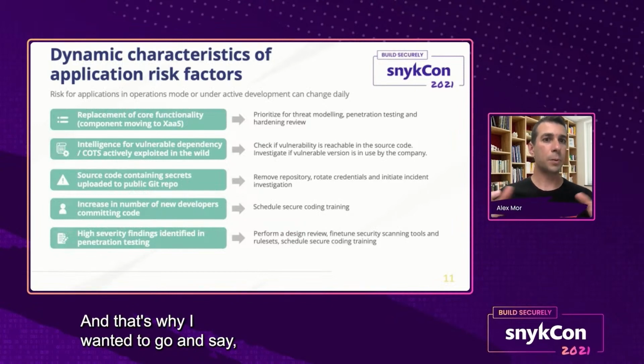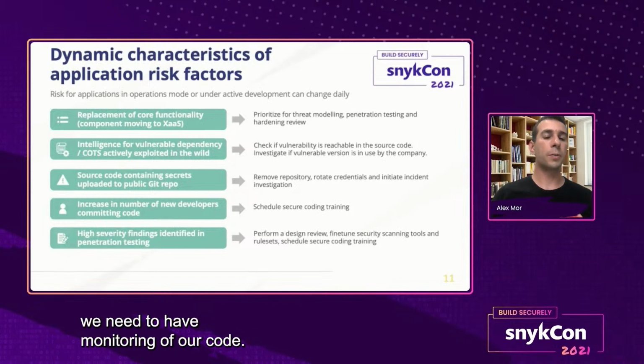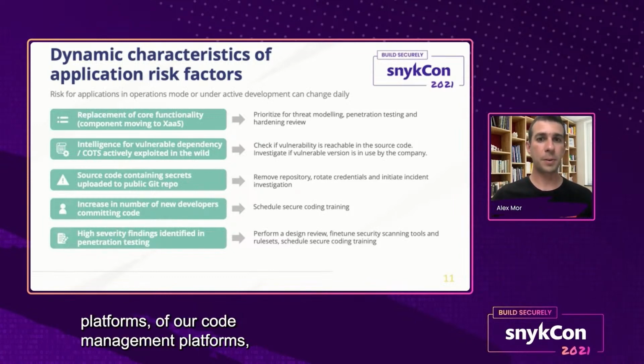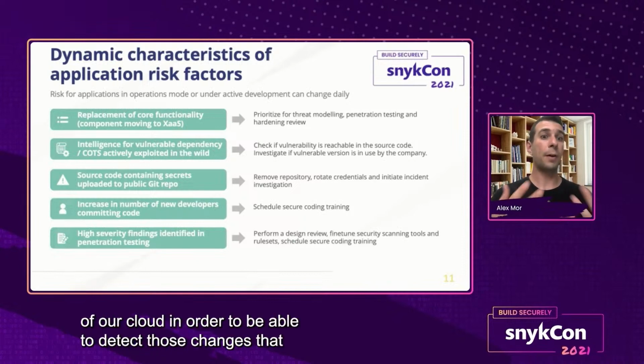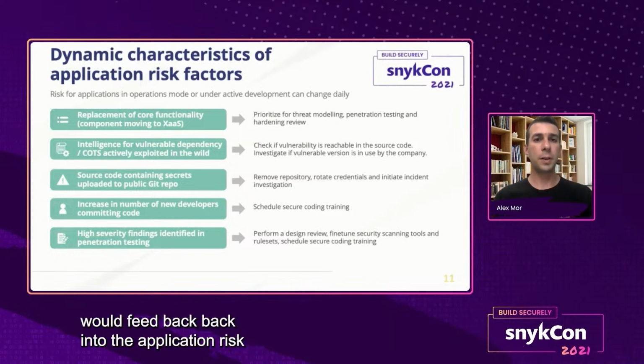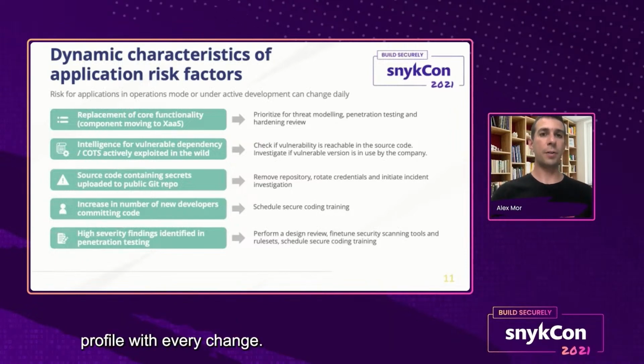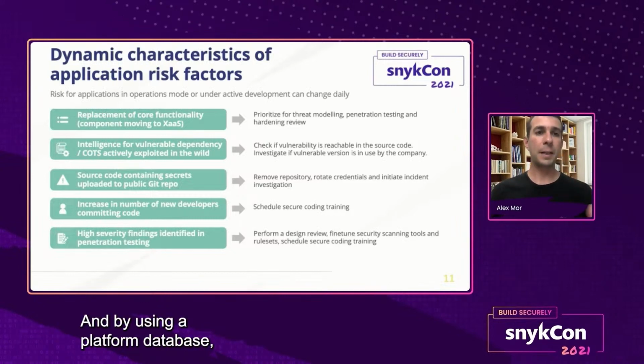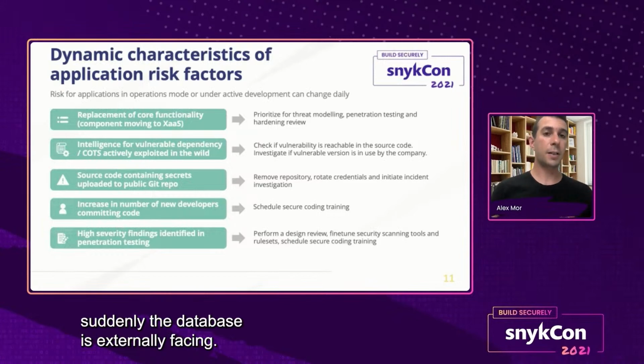And that's why I wanted to say we need to have monitoring of our code, of our software management platforms, of our code management platforms, of our cloud, in order to detect those changes that would feed back into the application risk profile with every change, right? So we're switching a database, and by using a platform database, suddenly the database is externally facing, right?